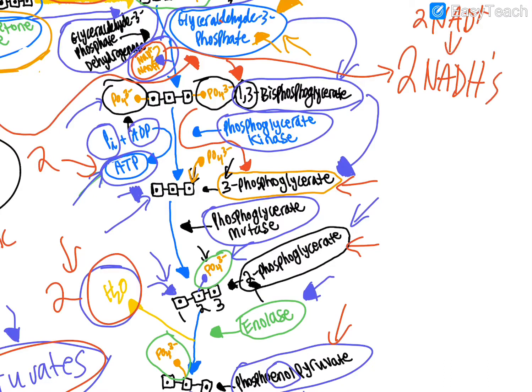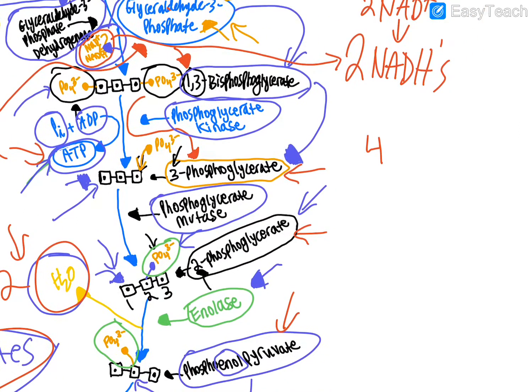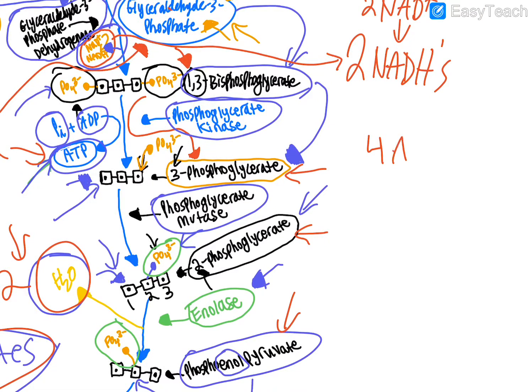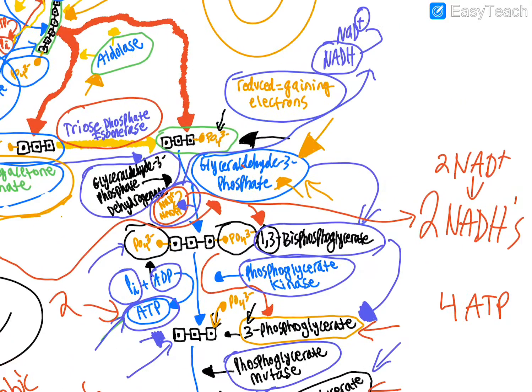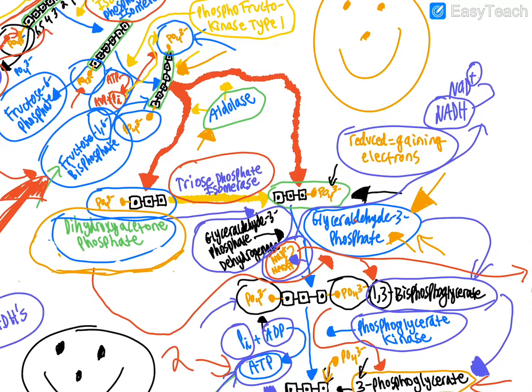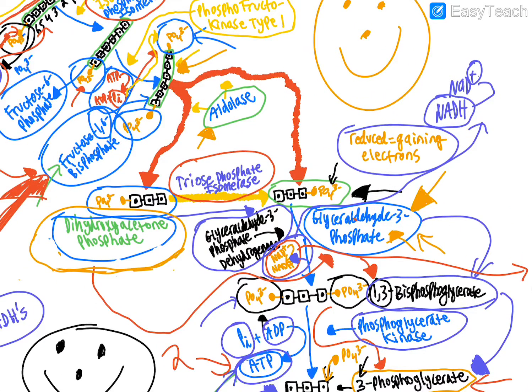All right, so let's go ahead and write down what we just said. We have 4 ATPs being made in this whole stretch, from glyceraldehyde 3-phosphate all the way to pyruvate, right? And then up here, let's not forget that we said that we're using 2 molecules of ATP.